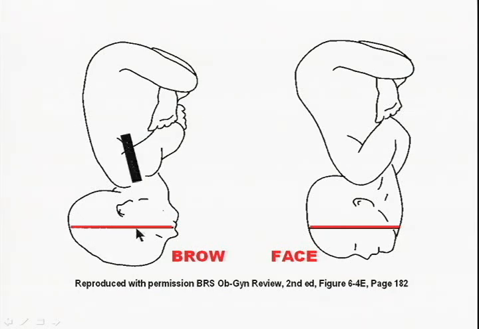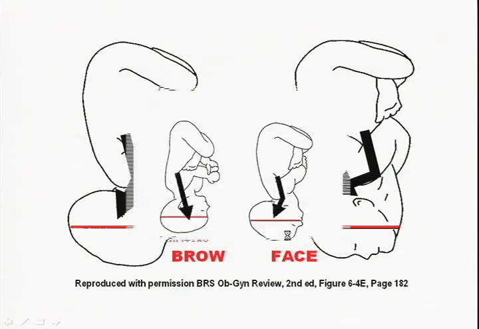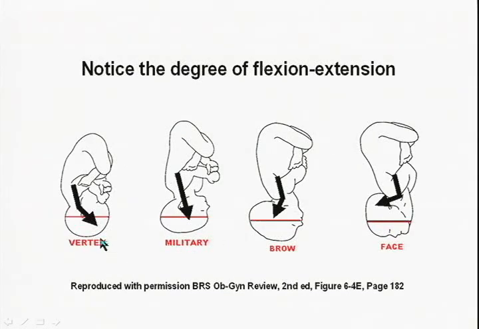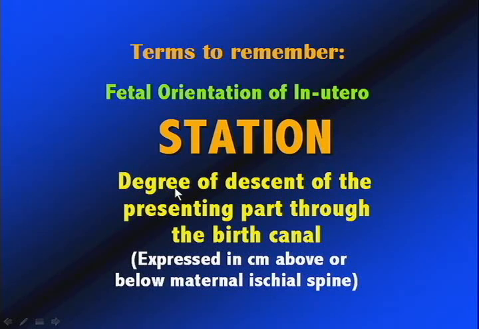This looks at increasing extension of the head and maximal extension of the head. The brow and the face. Notice the wider diameter of the brow and the narrower diameter of the face. A brow attitude will typically convert to a face. Vertex, military, brow, face.